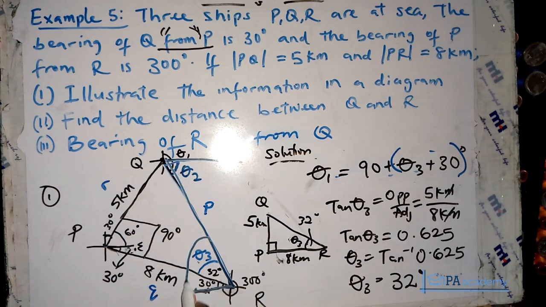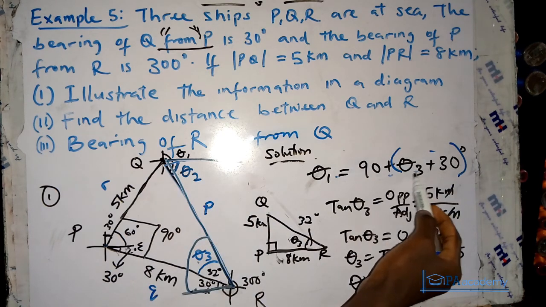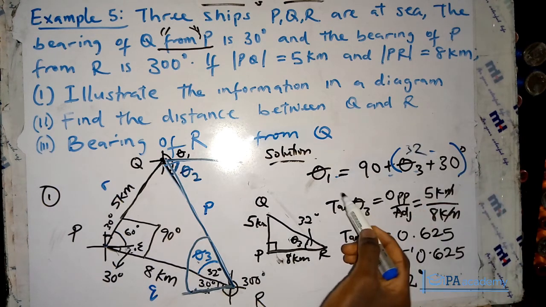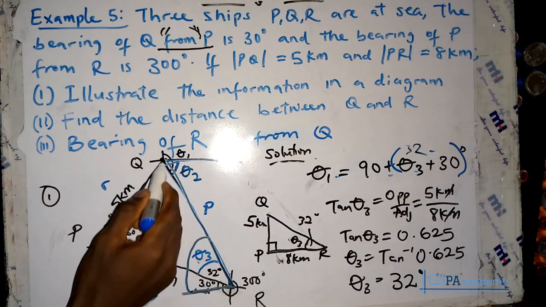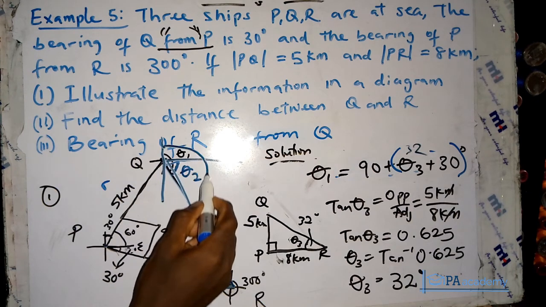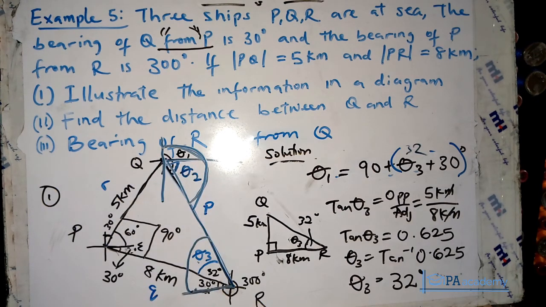So theta 2 is theta 3 plus 30, and we've gotten our theta 3 to be 32. With that we can get our theta 1, which is the bearing. The bearing is from the north straight like this to this point. So let me rub this off so that we can have space.